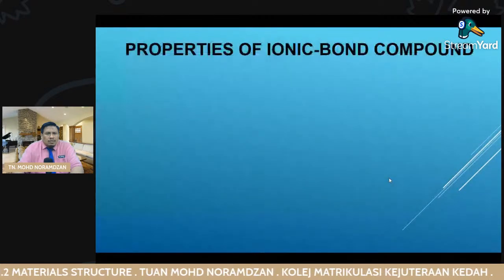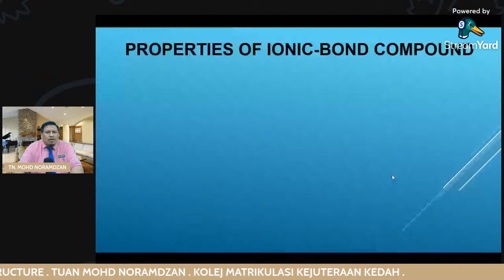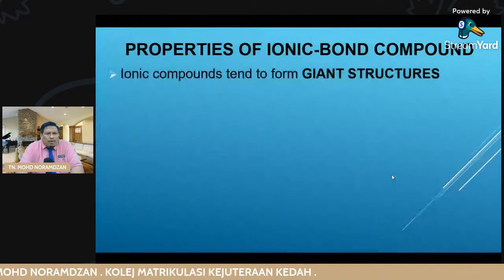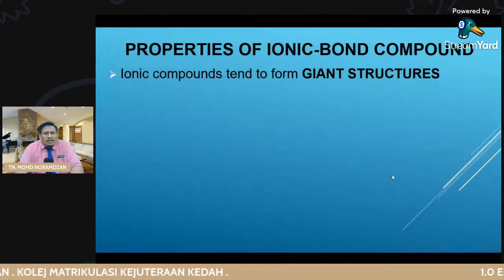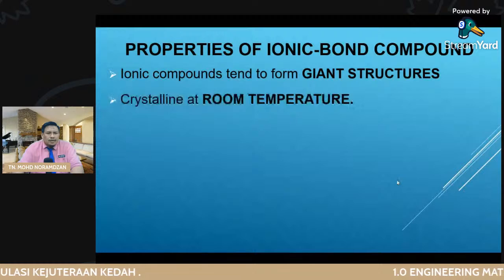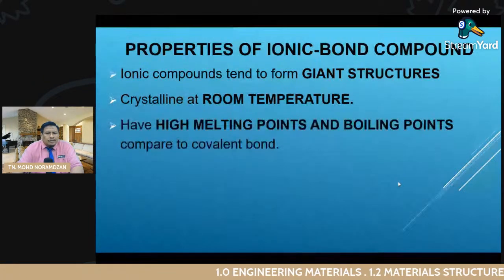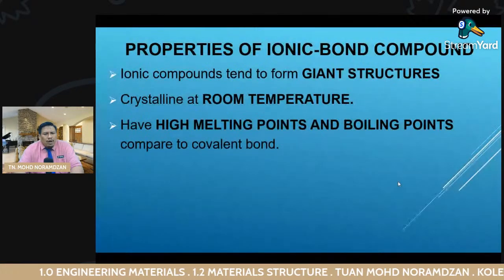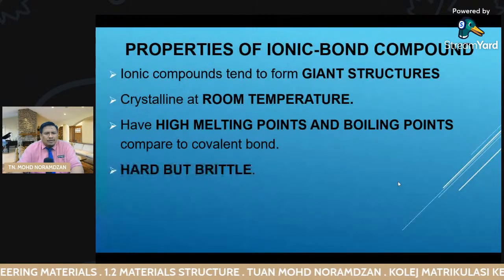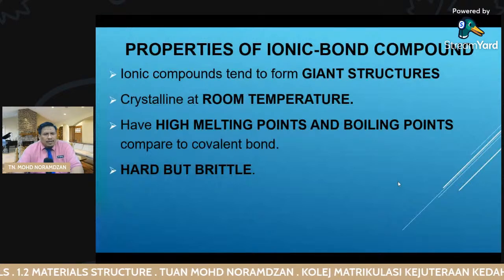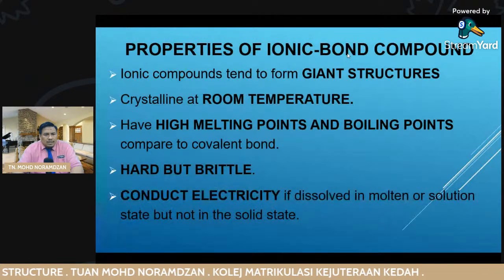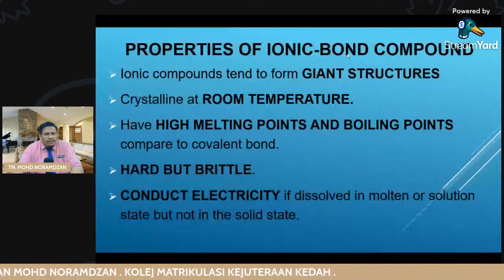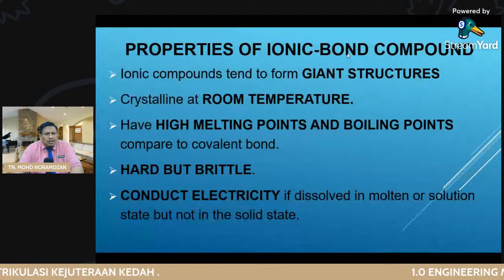So properties of ionic bond compound. Ionic compounds tend to form giant structures, crystallize at room temperature, hard but brittle, conduct electricity if dissolved, in molten or solution state, but not in the solid state.